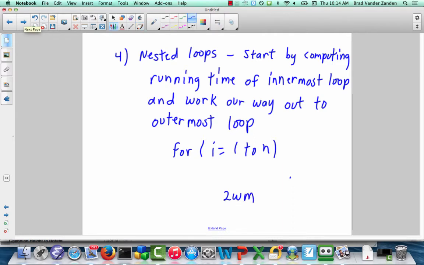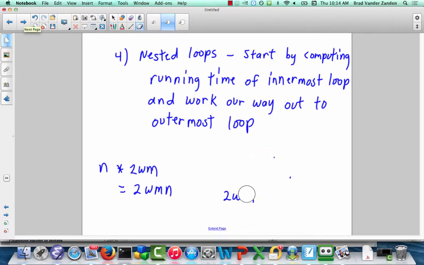And finally, the outer loop executes n times. Each time it's 2 times wm, so it equals 2 times w times m times n. So we now have the total running time. It's just working our way from the innermost loop to the outermost loop.